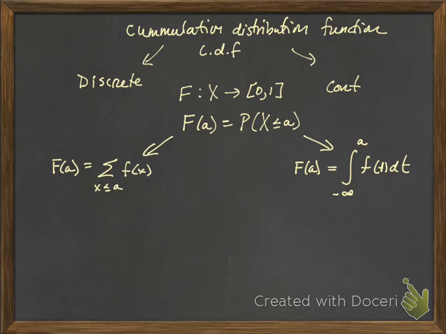So that's our cumulative distribution function. One thing we want to note in the continuous case is that if we know the CDF and take its derivative, we get the probability density function.